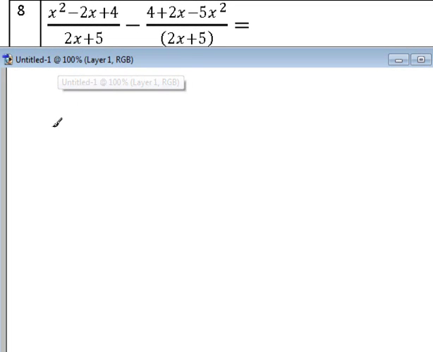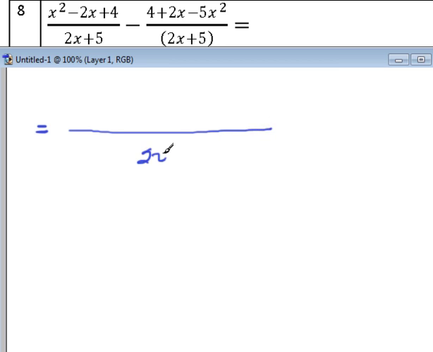Number 8, we're subtracting fractions, but this time we have a common denominator. So we just have to be careful when we subtract these numerators. We have to be careful with our signs. All right, so let's put everything over the common denominator of 2x plus 5. And here's where we have to be careful. We apply the minus to every term.